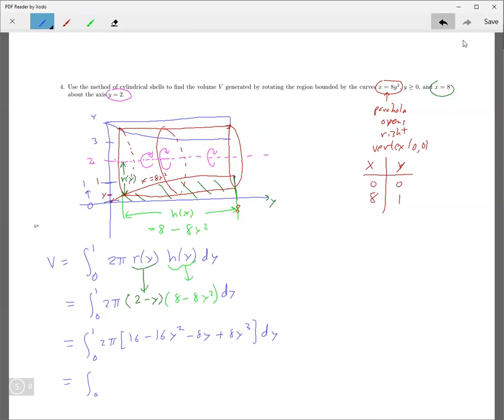I can go ahead and integrate that actually. So I'll leave the 2 pi there. Integrate each of these terms. So that's 16y. This one will be 16y cubed over 3. This one will be minus 4y squared. And this will be plus 2y to the 4th. Just integrating each part. And that goes from 0 to 1.